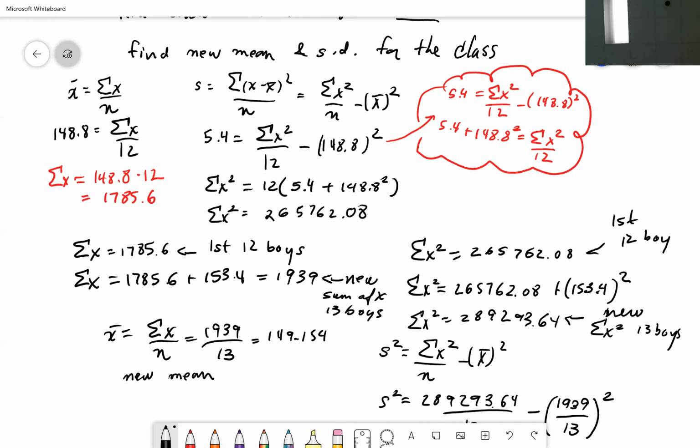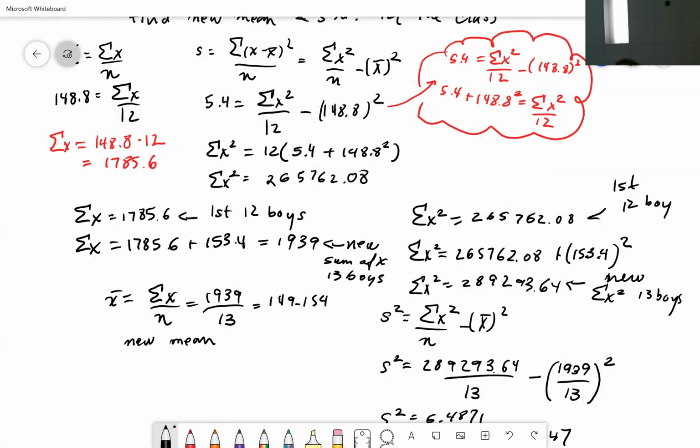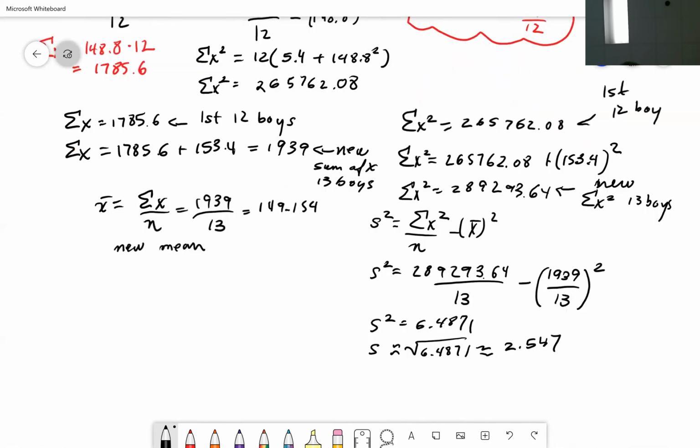So now we take that and divide it by 13. Yes. No, I'm just talking to myself because I'm trying to see where the mistake was. Sorry. And then I go ahead and do 1,939, divide that by 13, but square it, and I get 6.48. So I keep on getting the wrong answer.